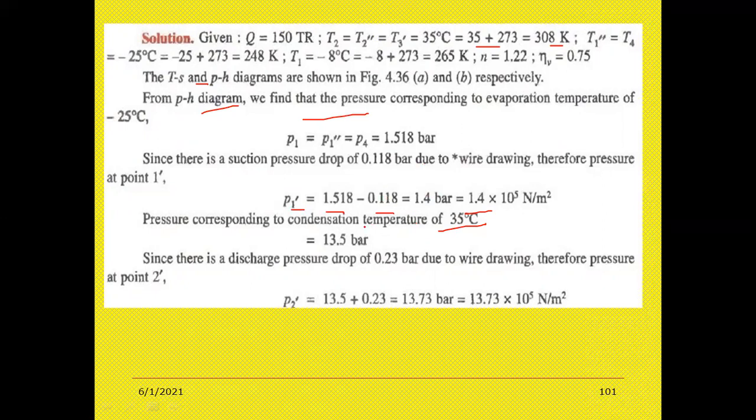Next, the pressure corresponding to condensation temperature of 35 degrees is 13.5 bar. At point 2, P2 dash is equal to 13.5 plus 0.23, that is equal to 13.77 times 10 to the power of 5.